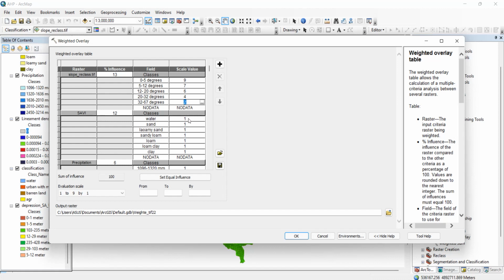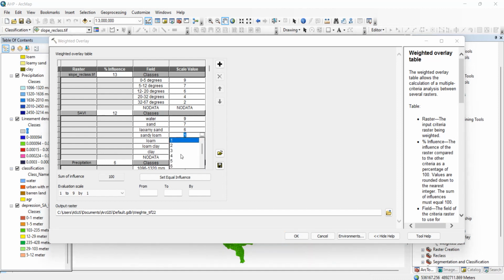So the next, soil. Water has the highest probability because water areas always have groundwater also beneath it. Sand also has a very high probability to create groundwater because sand parent material is large and it has large pore areas, and it makes it easy for water to penetrate to the groundwater zone. Therefore I will assign 7. Loam is close to sand structure.